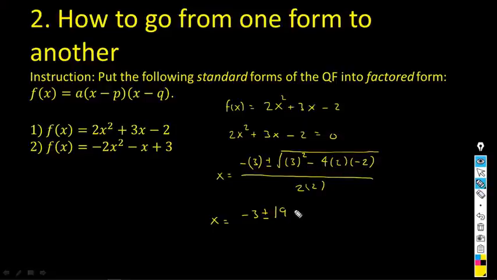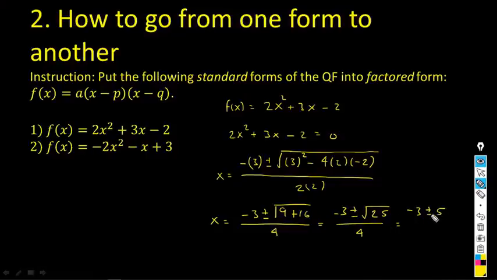Make sure. Over 4. And I'm going to continue developing this simplification on this side. That's going to be equal to minus 3 plus minus the square root of 25 over 4. And that's equal to minus 3 plus minus 5 over 4.